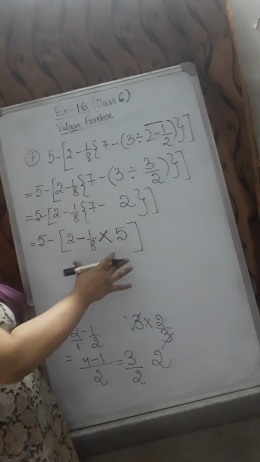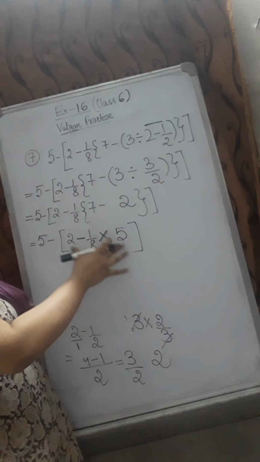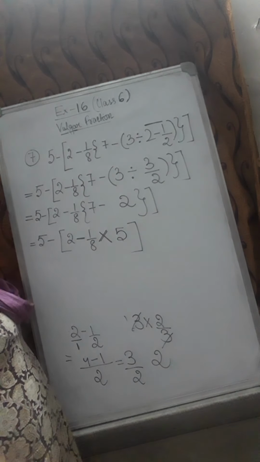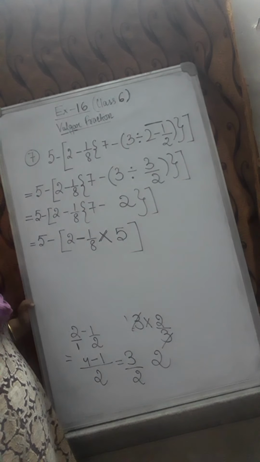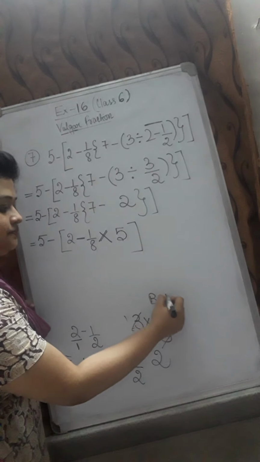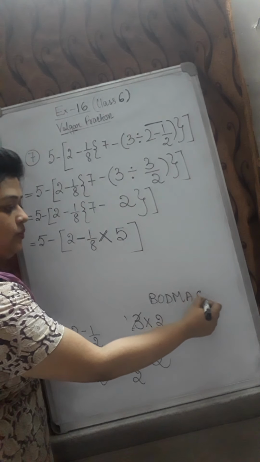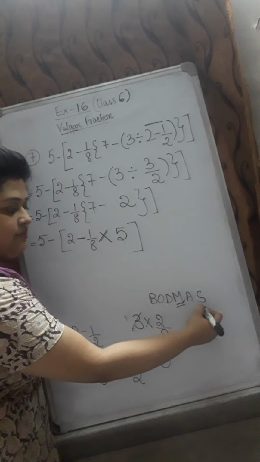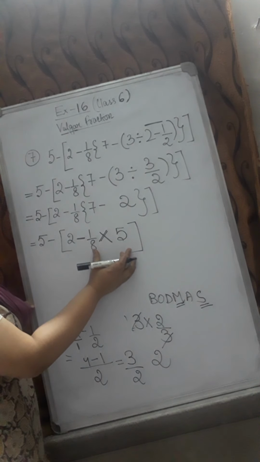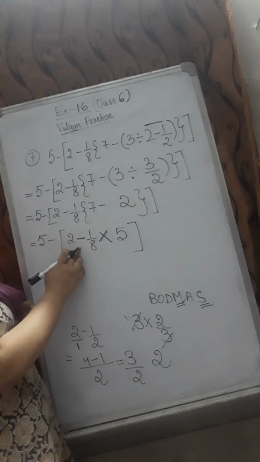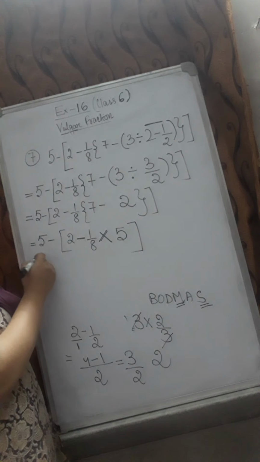We are solving the third bracket first, but we also have to take care of the BODMAS rule. It tells us in BODMAS that we solve multiplication before subtraction. So we have to multiply these two and after that do the subtraction.